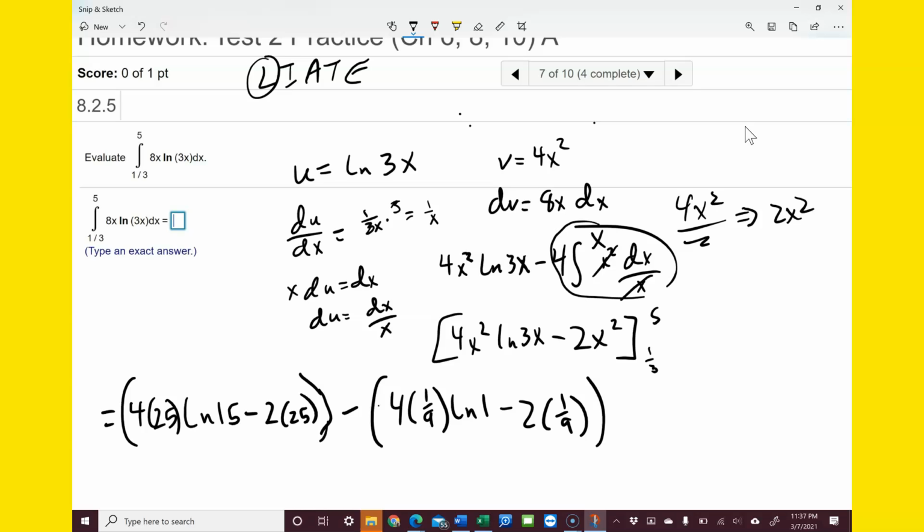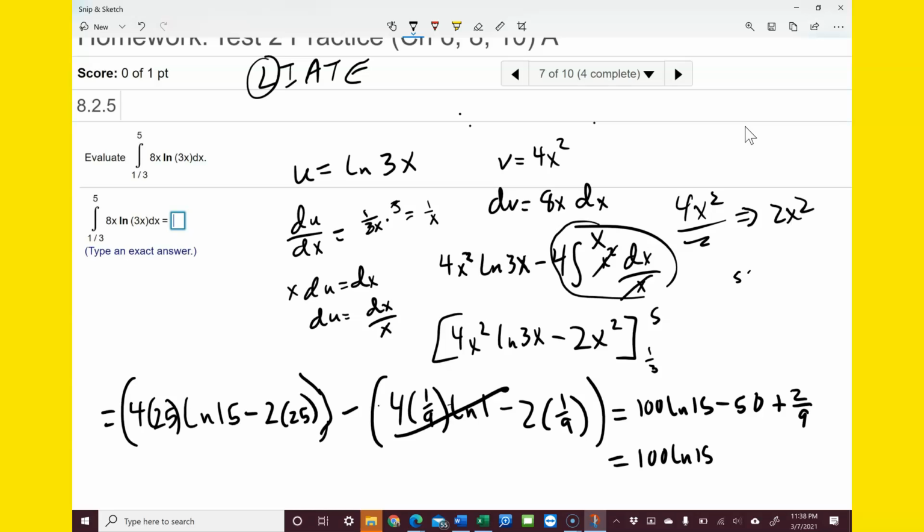Now ln of 1 is 0, so that term goes away. So this then becomes 100 ln 15 minus 50 plus 2/9.